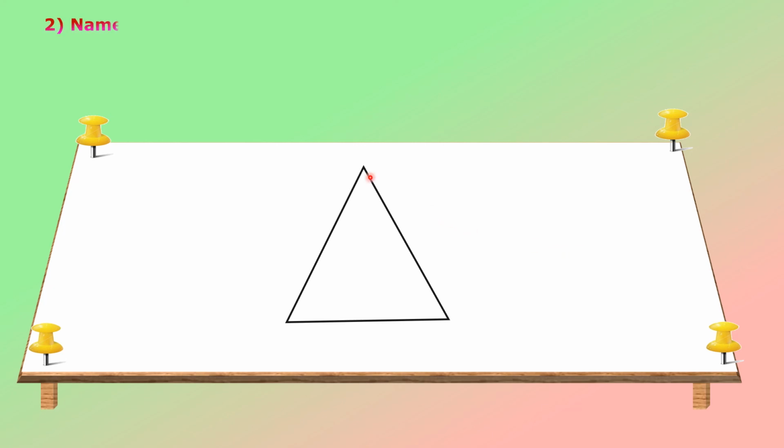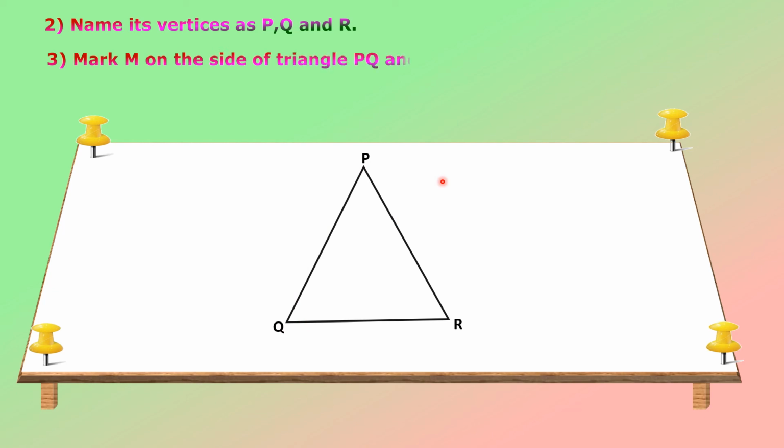Name the vertices as P, Q, R. Next, you have to mark a point M on the side PQ of the triangle and also draw a perpendicular to PQ at M. Here is the point M I have marked, and I will draw a normal at point M to the surface PQ.